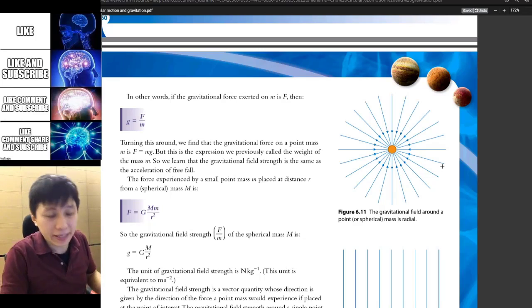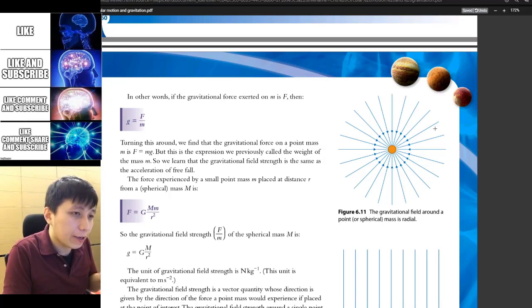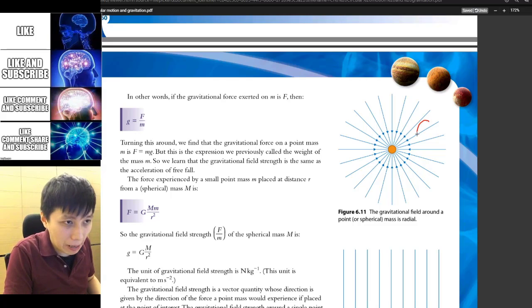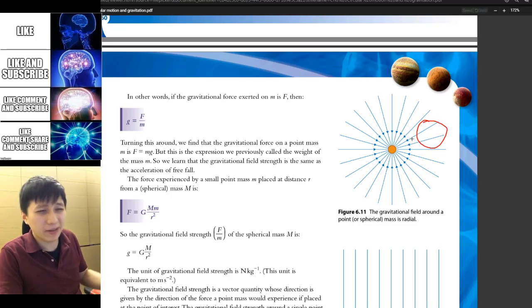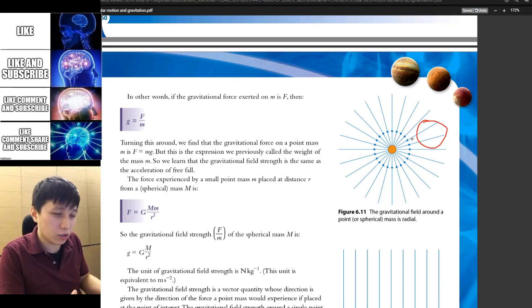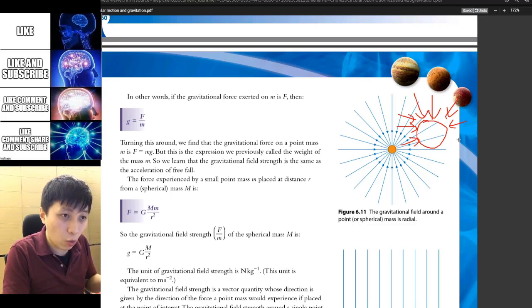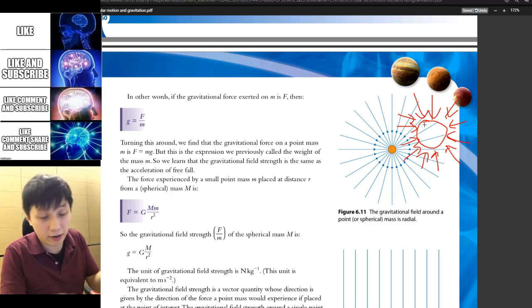I mean greater magnitude. So here, if you have another mass that I put here and try to experience its gravitational field strength, but then that is not a small point mass, instead it's a big mass, then what happens is, of course, this big mass is going to also have the gravitational field strength around it, and because it's really big, it's going to affect the field strength that you have in this diagram.